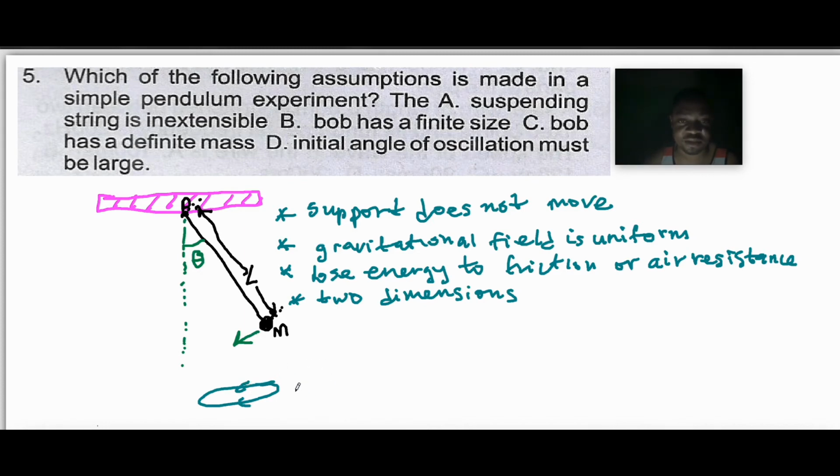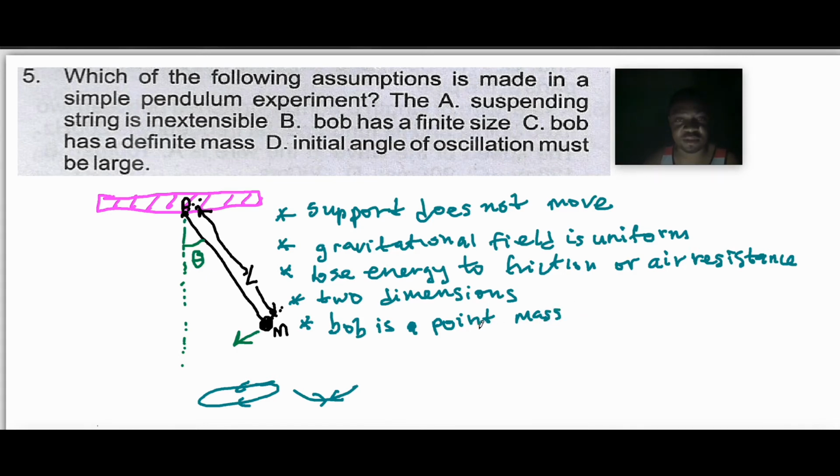Instead, the bob goes in an arc. It goes this way and comes back in the arc. Then the fifth assumption we're looking at is that the bob or the mass is a point mass.